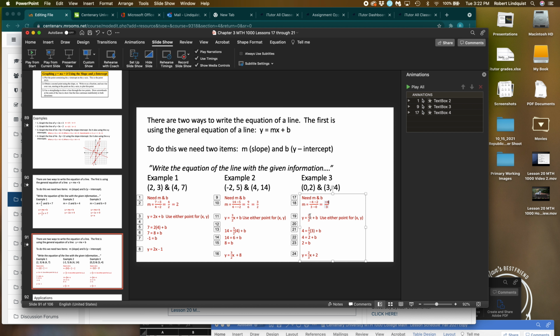Which makes this negative 6 over 3, which reduces to negative 2. So that makes this negative 2x plus b.